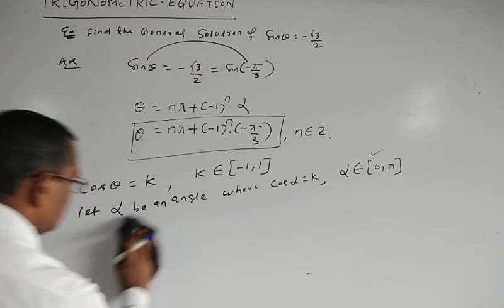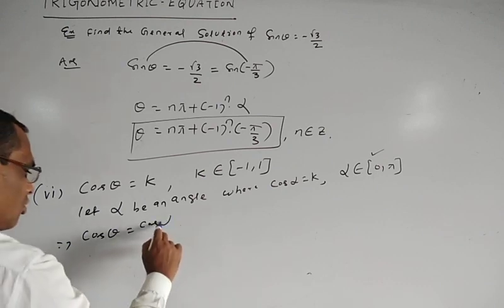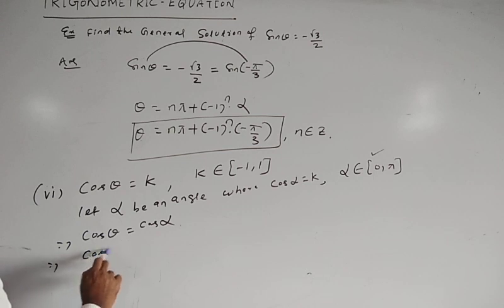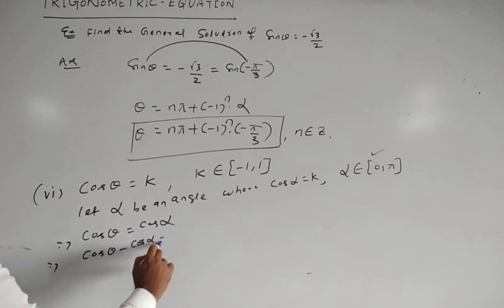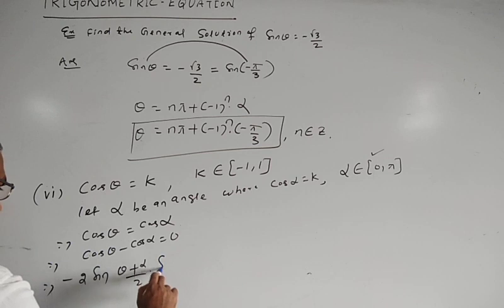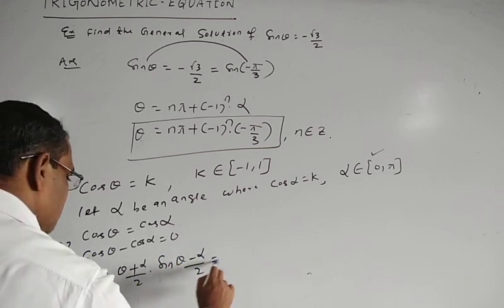That implies cos theta is equal to cos alpha. Cos theta is equal to cos alpha means cos theta minus cos alpha is equal to 0, and you apply cos c minus cos d, which is equal to minus 2 sin of c plus d by 2 into sin of c minus d by 2. So minus 2 sin of theta plus alpha by 2 into sin of theta minus alpha by 2 is equal to 0.